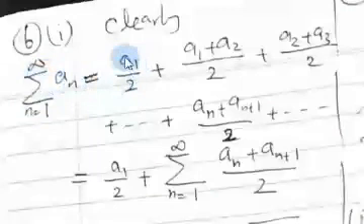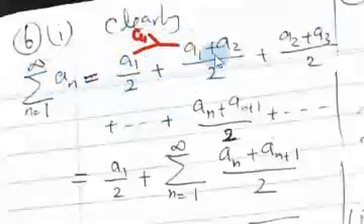So here look at this, a sub 1 divided by 2 plus a sub 1 divided by 2. This becomes a sub 1, right? What about these two terms?